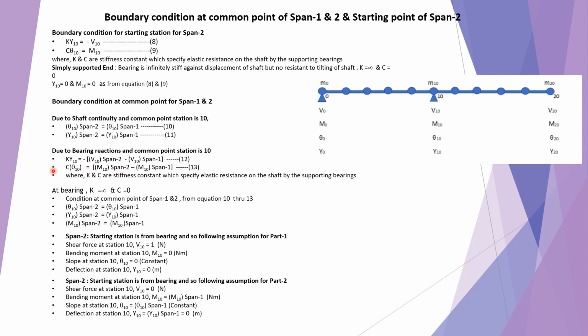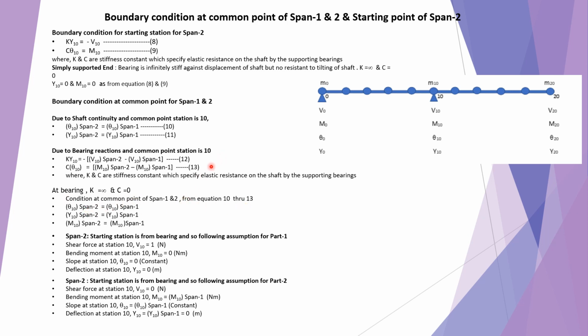Due to bearing reactions at the common point, station number 10, k Y10 is equal to minus, V10 span 2 minus V10 span 1, bracket close, equation number 12. C theta 10 is equal to M10 span 2 minus M10 span 1, bracket close. This is equation number 13, where k and c are stiffness constants, using the same values, k infinity, c infinity, at the bearing condition.